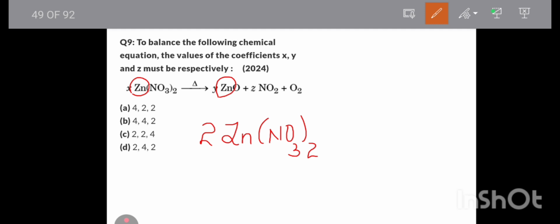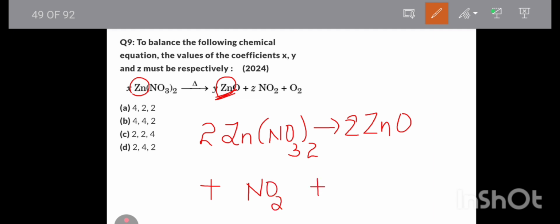So now you got 2 zinc over here. Here only one zinc is there, so you have to balance. So what you will do? You will be putting 2ZnO plus NO2 will be there, as well as O2 will also be here, right?